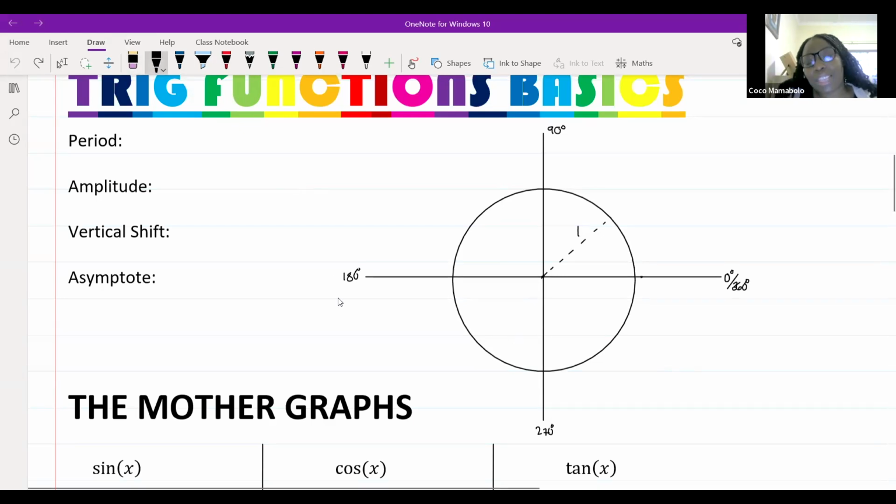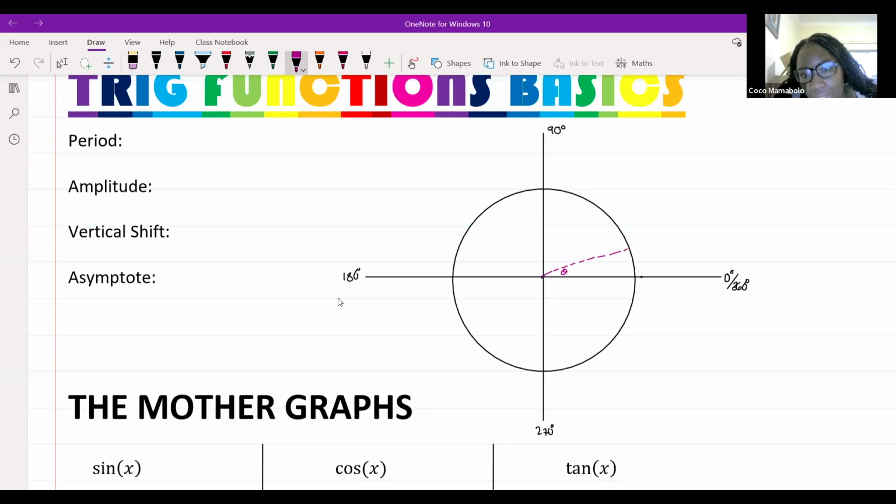Now, the thing that's going to change as we go around our circle is our x values and our y values, because of my theta, because of the angle theta. So if I decide to draw my angle theta there, right?